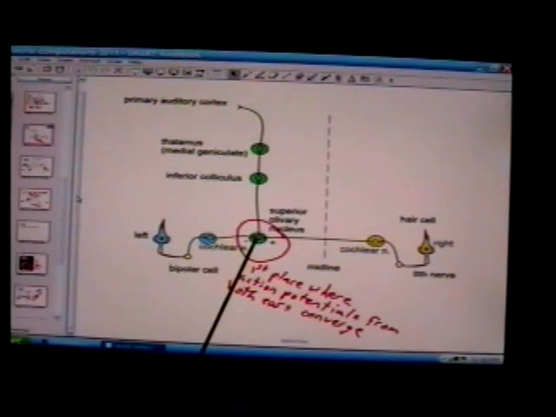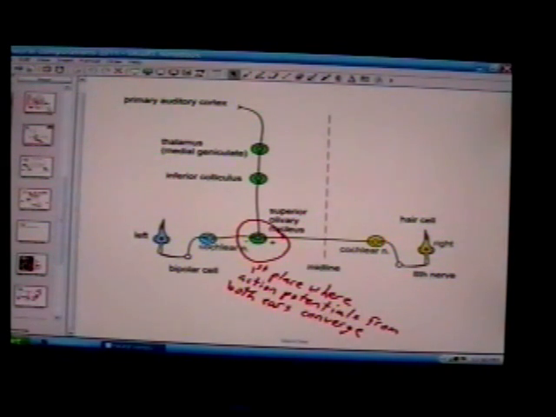So it's here that researchers suspect, and there's good evidence for this, that a computation is happening. What the system does is detect the delay in action potentials reaching the superior olivary nucleus. The delay between the left and the right can be used to compute the location of the sound.